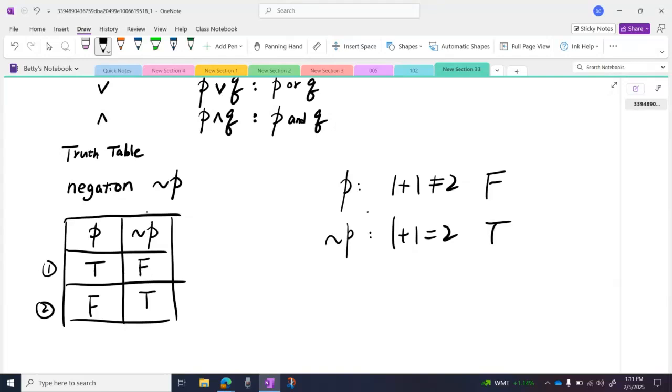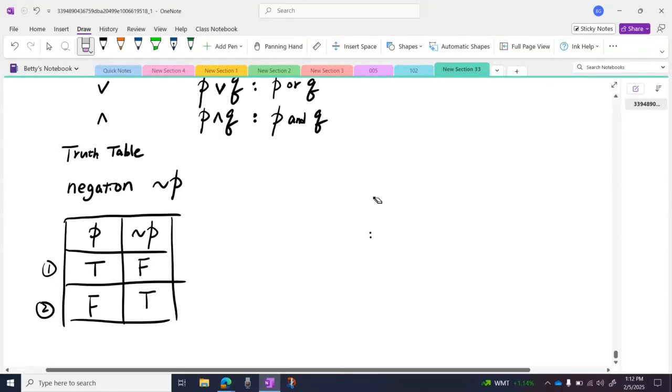It's going to be true. So a statement and its negation always have different truth values. This is the truth table for negation. It is very simple. This is the simplest truth table. I believe everybody can understand it very quickly.